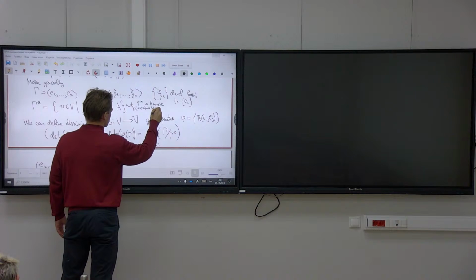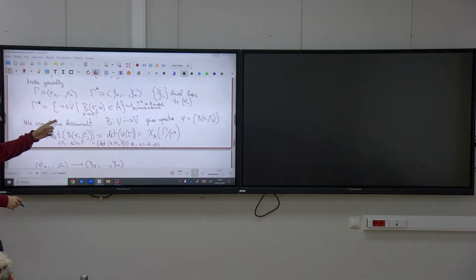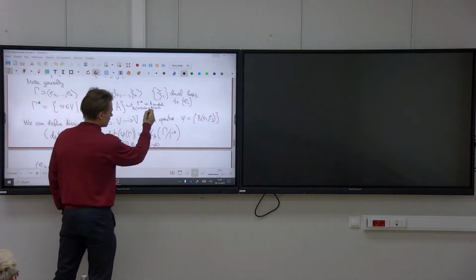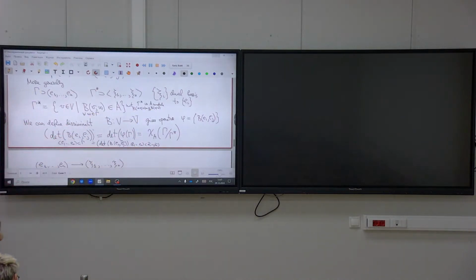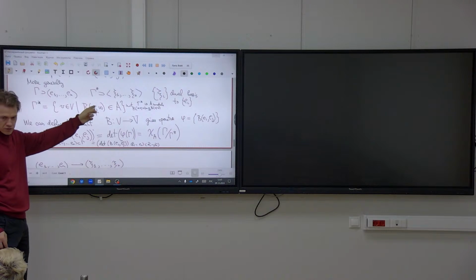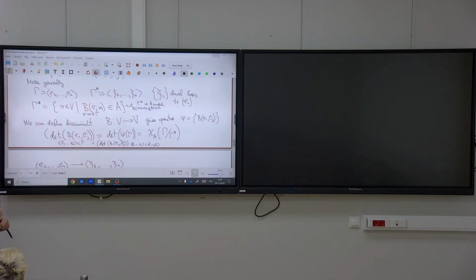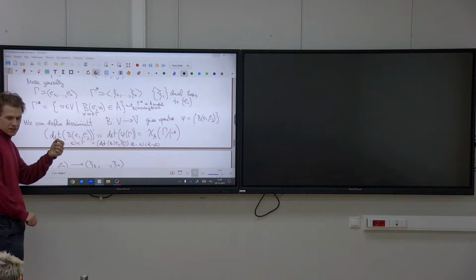Also it is a submodule, and here it is important that A is the ring of coefficients. The sum of such conditions is also in it, because you fix W, so you can take the sum. What is less clear is that it is finitely generated, but this is again because you can clear up denominators.